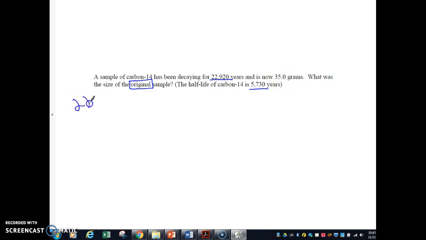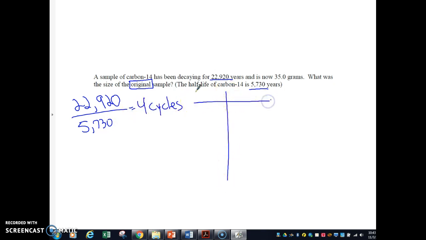So what you want to do is take the larger length of time, 22,920 years, divided by 5,730 years, and that's going to give you the number 4. It's telling you it went through 4 half-life cycles. So we're going to do this initial, but it's asking for how much was in the original sample. So we're solving for the number that goes there. We know it went through 4 cycles because that's what we calculated.